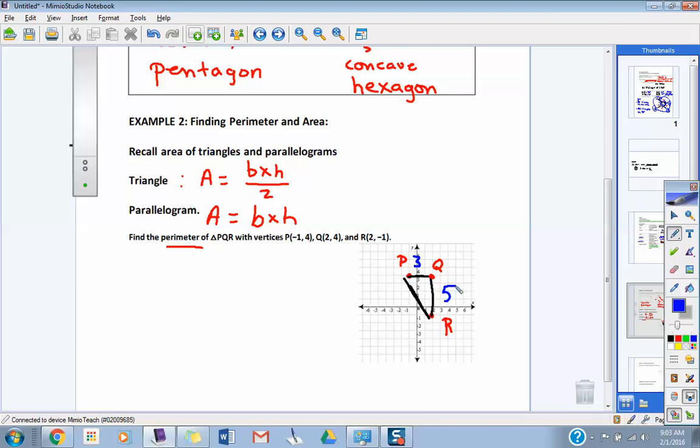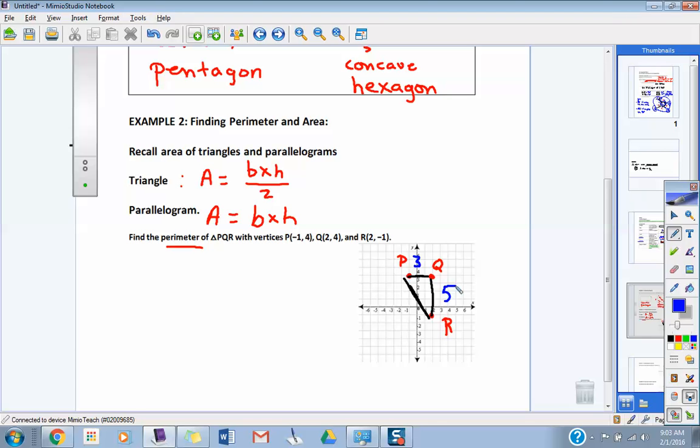Okay, just looking at my drawing right there, does that appear to be what you guys have drawn, first of all? Yes. Okay. I was able to label P, Q, and R. I can count this top distance. It's just horizontal, so it looks to me like that was 1, 2, 3 units. And then Q to R is 1, 2, 3, 4, 5 units. My problem is that I don't have this distance right down here.